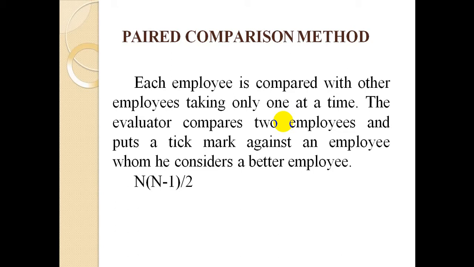The formula is n into n minus 1 divided by 2. If there are 5 employees, then the comparison is 5 into 5 minus 1 divided by 2. So finally the answer is 10. Here each employee is compared with other employees on all the criteria of appraisal.